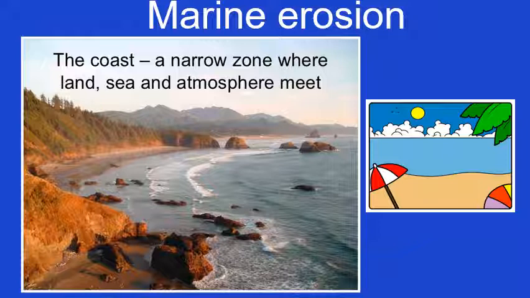So in other words, and I'm going to highlight this all the way along, you will see it's this area all the way along here. That is the coastline. That is the area where the land, the sea, and the atmosphere meet.